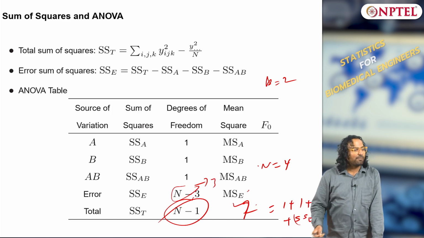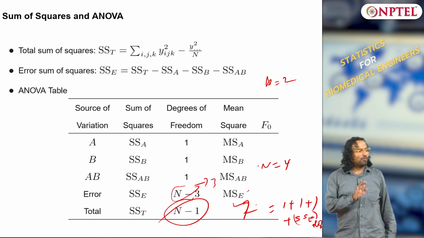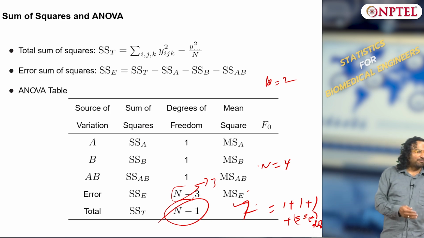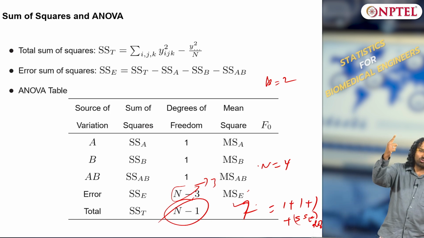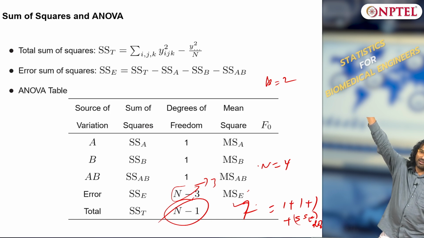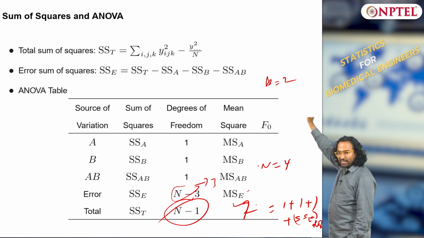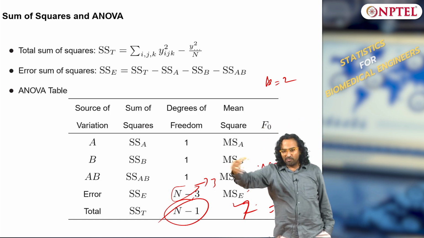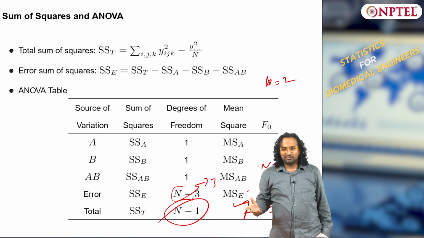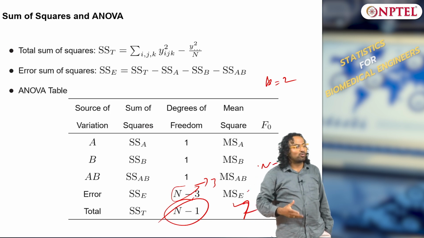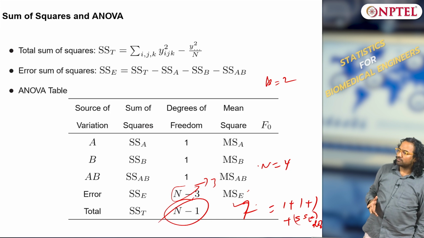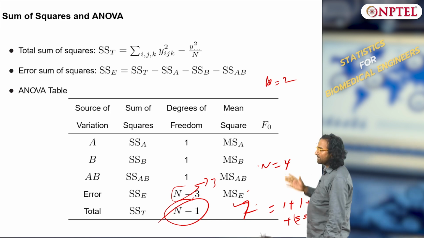Even with one replication, you get a good amount of degrees of freedom for error, because the degrees of freedom for treatments are just 1. So the error degrees of freedom will go high and you will have a decent estimate of variance. That is why even with few replications you are able to screen out factors, and why 2 power 2, 2 power 3 or 2 power k experiments are very popular. That is why it is a separate topic by itself.